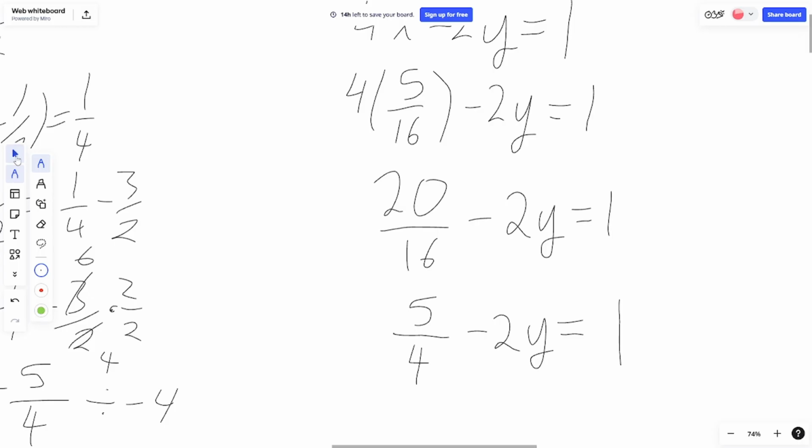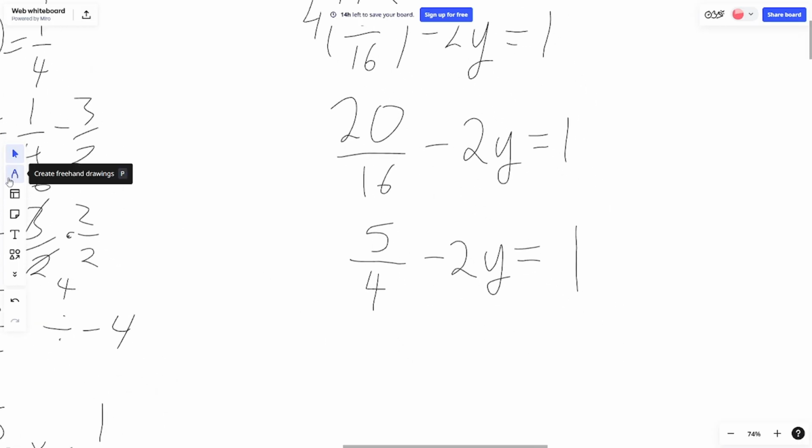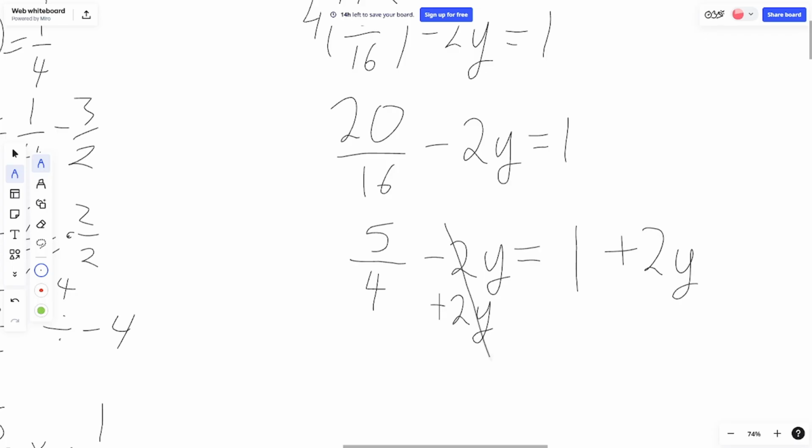So now I would isolate our minus 2y. There's a plethora of ways to do this. You can add 2y on our left hand side and then add 2y on our right hand side, so then these would simply cancel out. Now you're left with 5 over 4 is equal to 1 plus 2y.